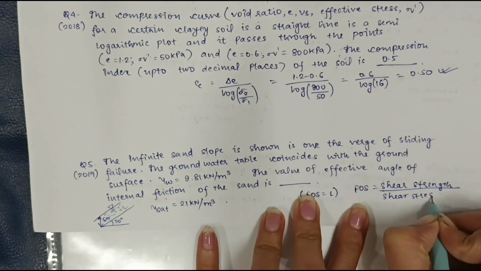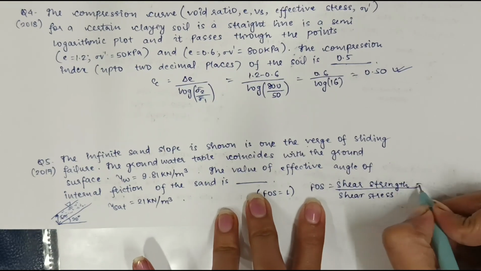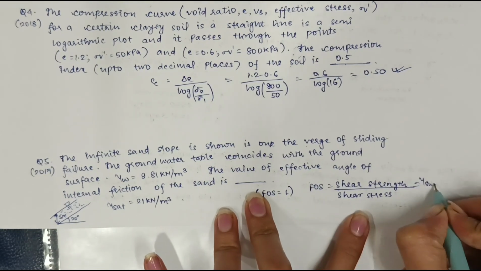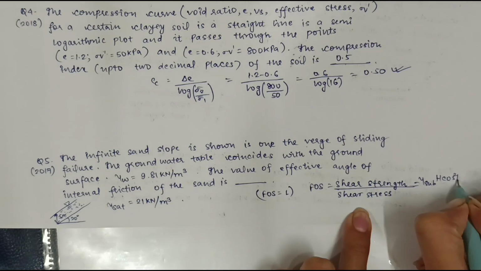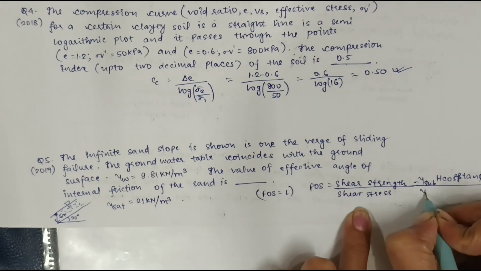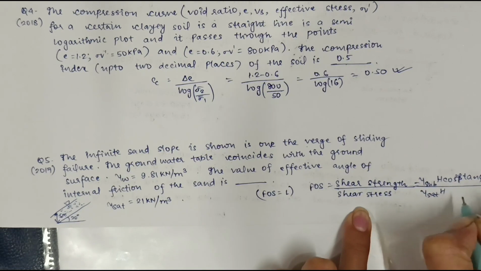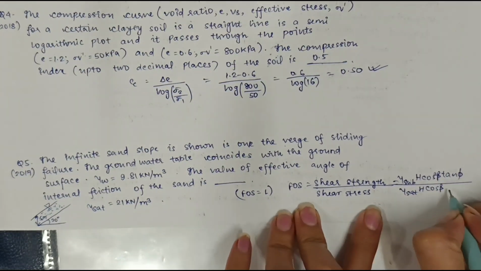Okay, from this we will substitute both the values. Shear strength is gamma submerged h cos square beta into tan phi, by gamma saturated h cos beta into sin beta.